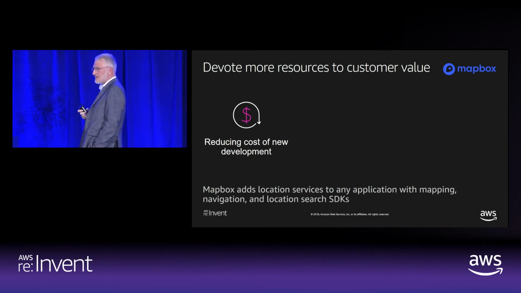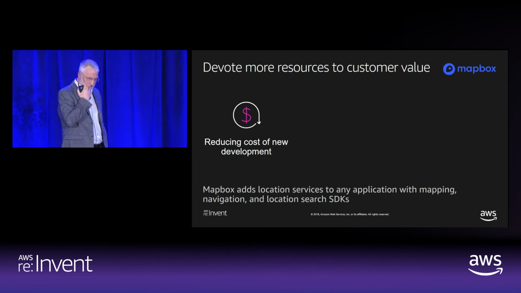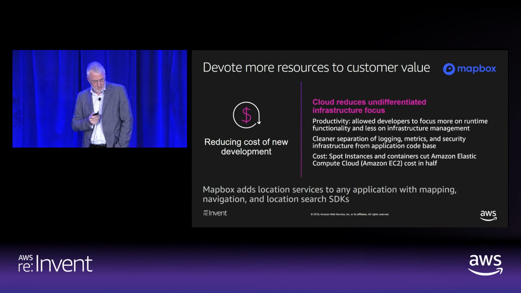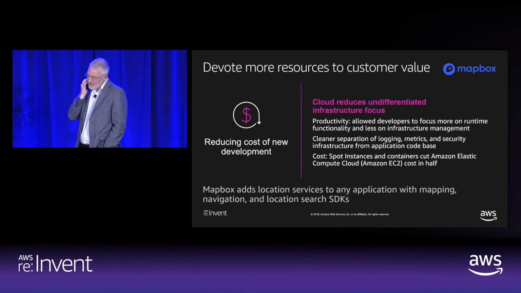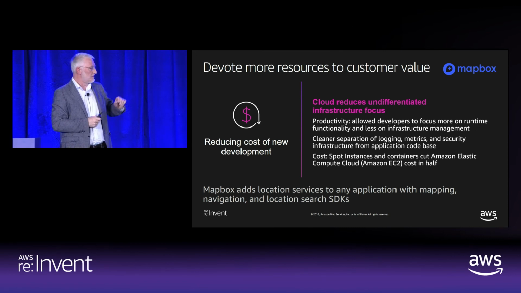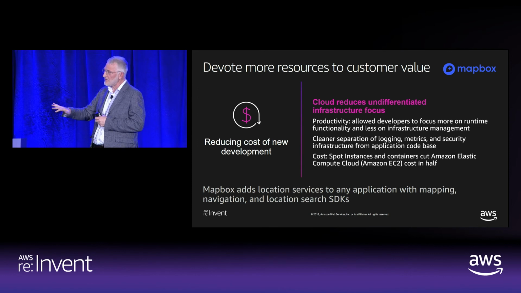Mapbox. Mapbox creates mapping applications that you can embed in other applications. And they had two teams. One team that was working on optimizing the functionality and the performance characteristic of the app, and another team that was working on the underlying infrastructure.